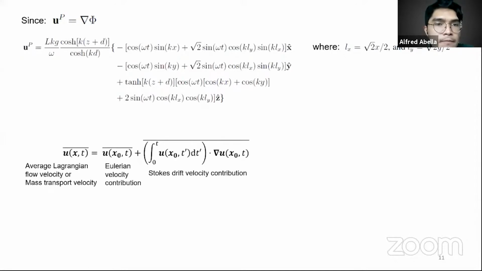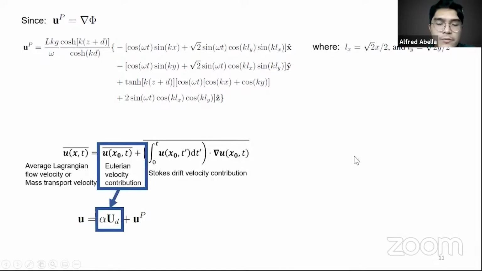And then we need to get the Lagrangian flow velocity, or the mass transport velocity, which is in this format. But when we plug in U_P in this equation, the Eulerian velocity contribution becomes 0. So we need to add an ad hoc quantity here, alpha U_D, where this is U_D, the Stokes drift velocity contribution, to take into account the Eulerian velocity contribution.